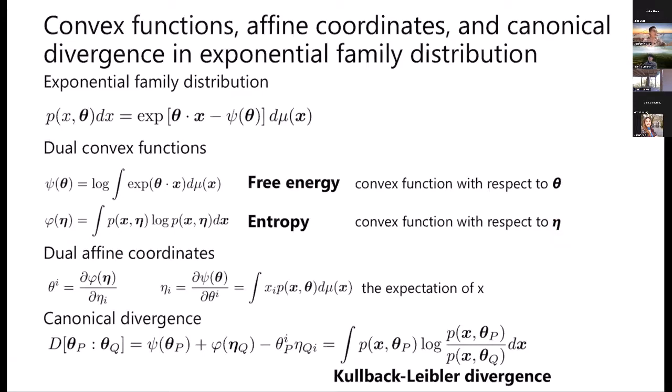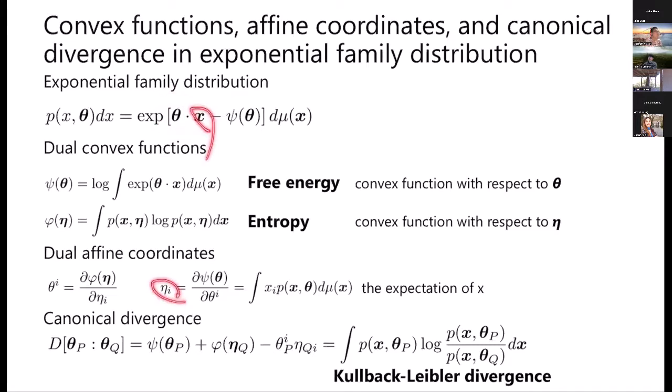Eta can be computed as the derivative of psi with respect to theta, and it turns out to be the expectation of xi. So we now have the dual affine coordinates: theta is one of them, and the expectation of xi is the other.